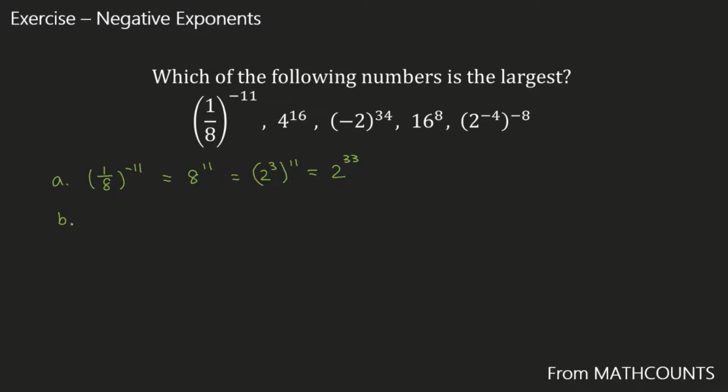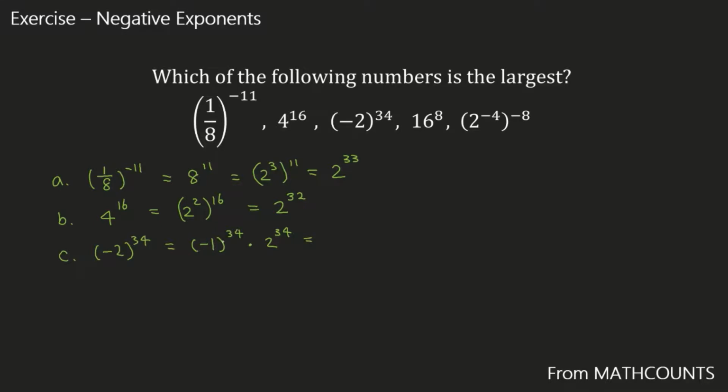Let's look at the second one. We have 4 raised to the 16th power. 4 is 2 squared. The whole thing raised to the 16th power, which is 2 raised to the 32nd power. Let's look at the third one. We have minus 2 raised to the 34th power. This is equivalent to minus 1 raised to the 34th power multiplied by 2 raised to the 34th power.